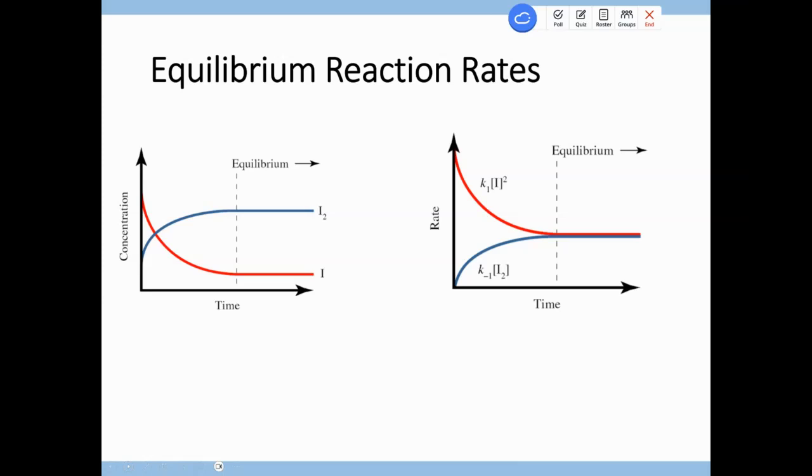So at equilibrium, the concentration of I is not changing, the concentration of I2 is not changing. So the concentration of each one remains constant, but the concentrations are not equal. Concentration of I does not equal the concentration of I2. It's possible for that to happen, but most often we'll have different concentrations of reactants and products.